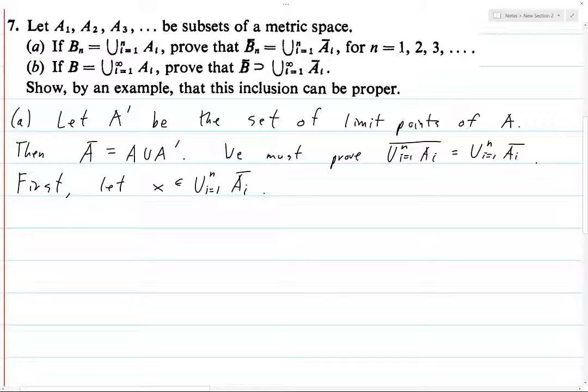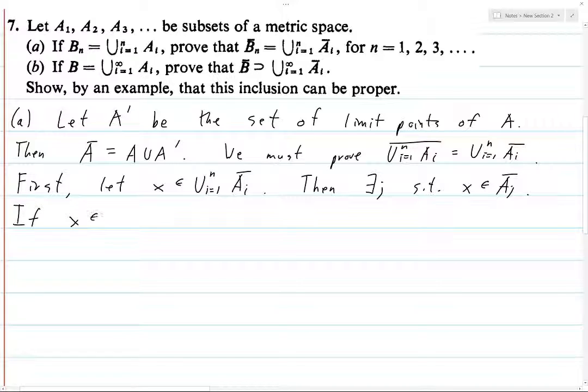So we take any x which is in the union of the closures. We want to prove that it is in the closure of the unions. If x is in the union of the A_i's, then there must be some index j such that x is in the closure of A_j. So x is in A_j, or x is a limit point of A_j.